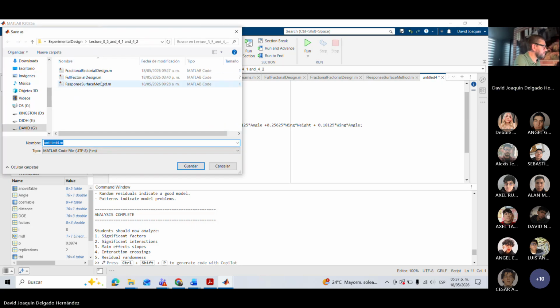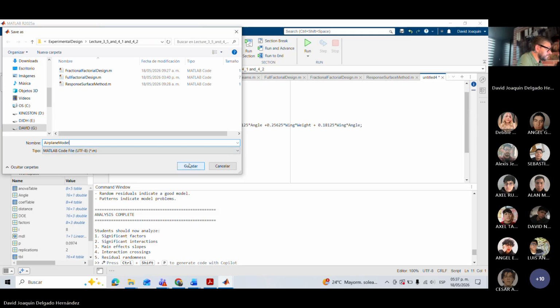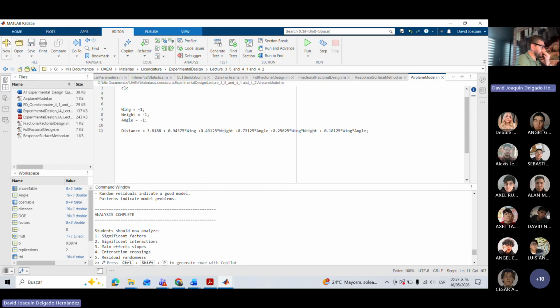I am going to put this airplane model. Save. Okay, so let us run this script.